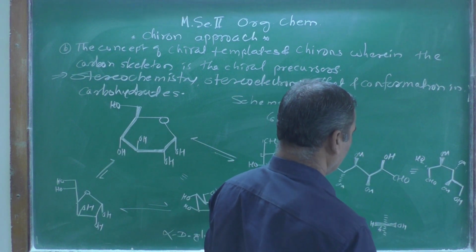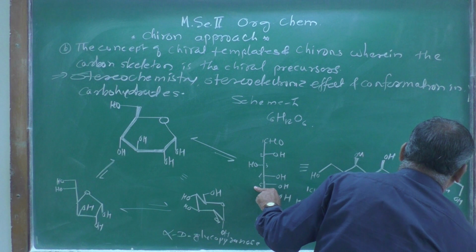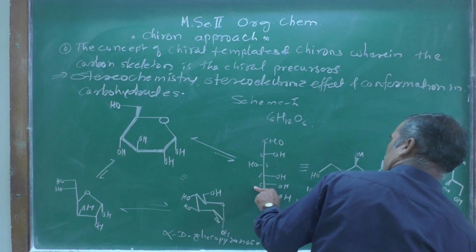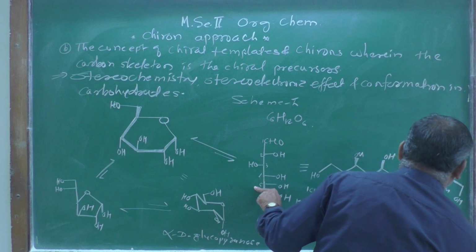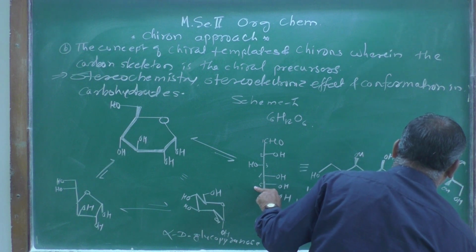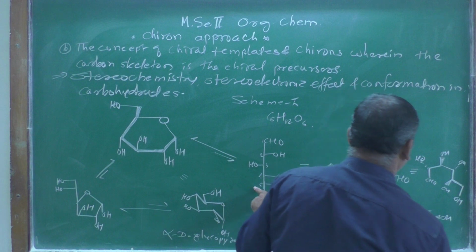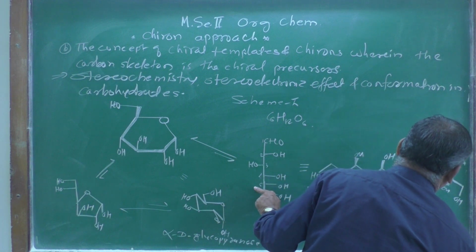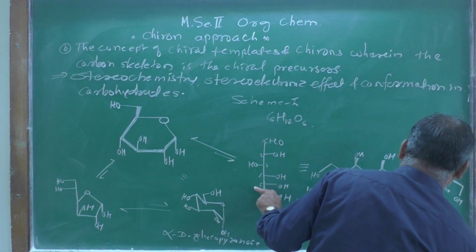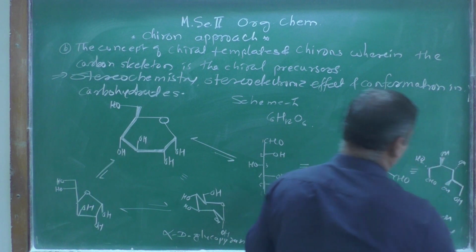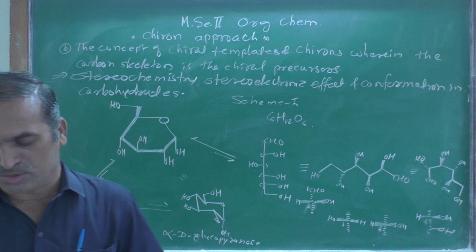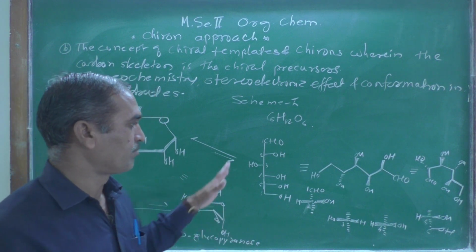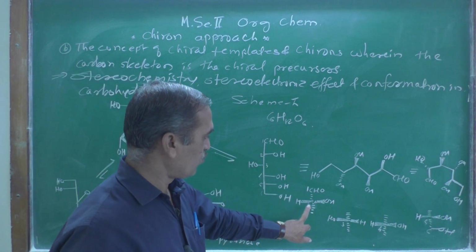Then carbon number 5 also has OH on the right hand side, hydrogen on the left hand side, and there is one more OH. This is carbon number 5 and this one is carbon number 6. I am showing this separately so that you can clearly identify the 4 chiral centers.